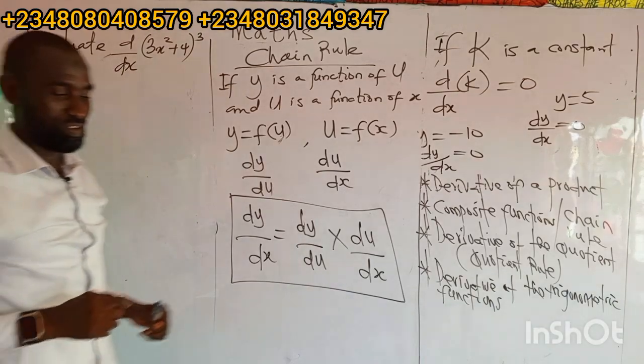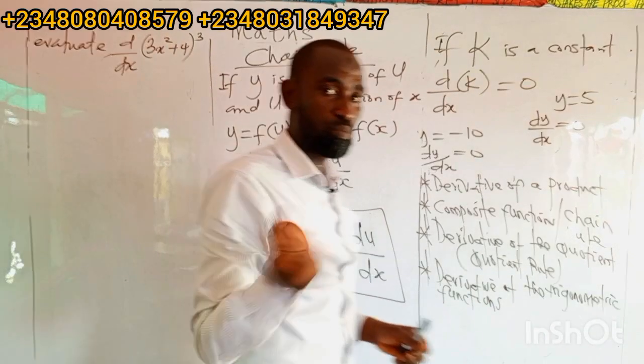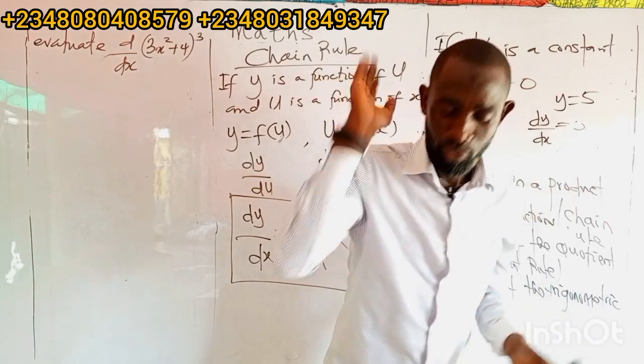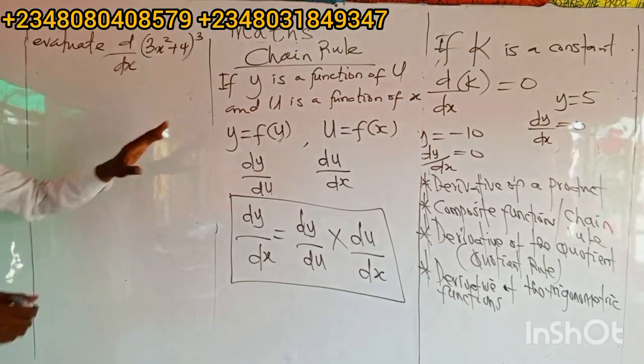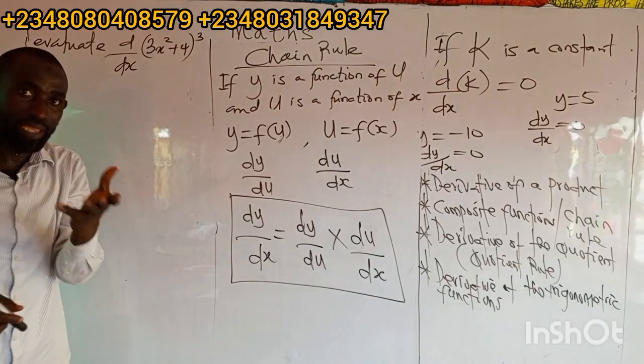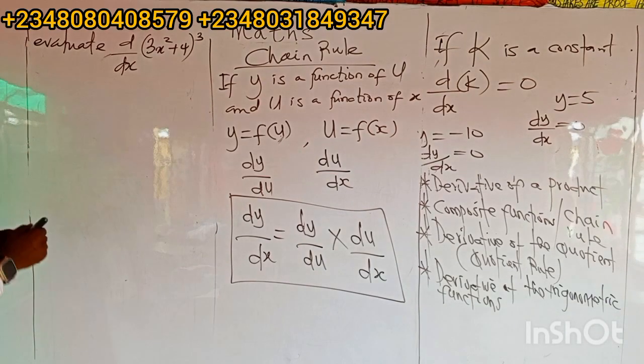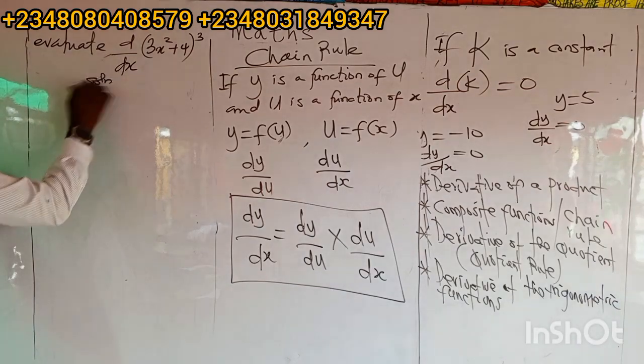I'm going to shock you, I'll give you a shortcut. So in JAM, use the shortcut, get your answer without wasting time. But let's solve it theoretically for those writing WAEC or other exams. So here, we can solve this.